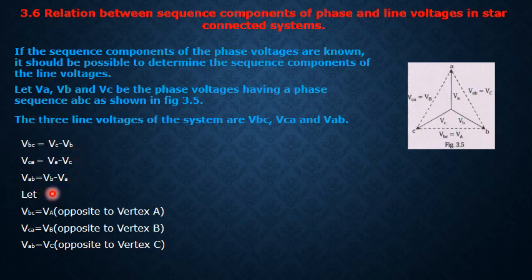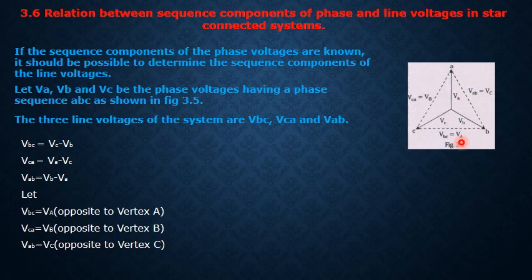Let us consider these line voltages in terms of phasor form. Let us represent VBC as VA with capital letter A. There is a slight difference between line voltage and phase voltage: the phase voltages are represented by small letters, whereas the line voltages are represented by capital letters.